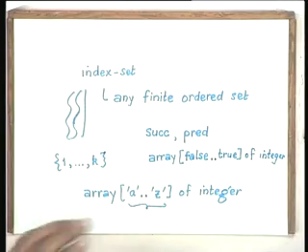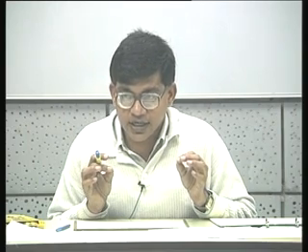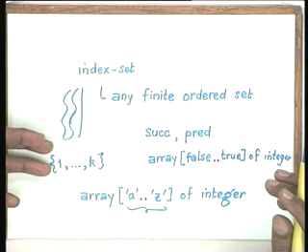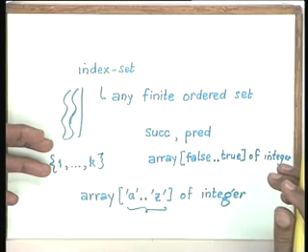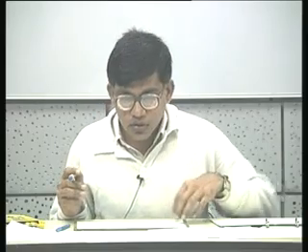As long as a successor and predecessor function are defined on the index set and it is ordered in some way, the index set can be placed in one-to-one correspondence with the closed natural interval 1 to k for some k, and therefore any array could be defined in terms of any such index set, right.